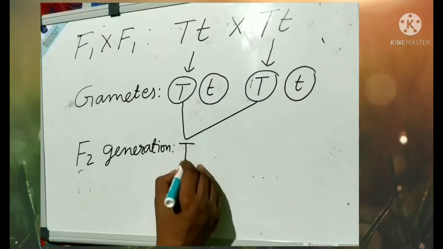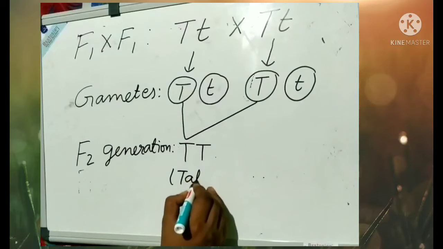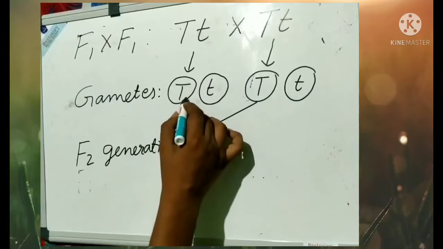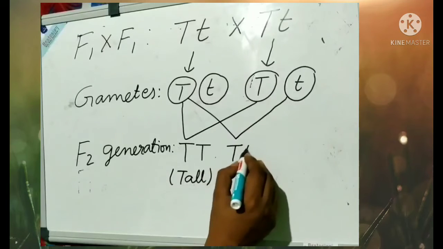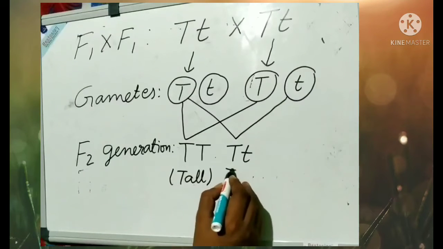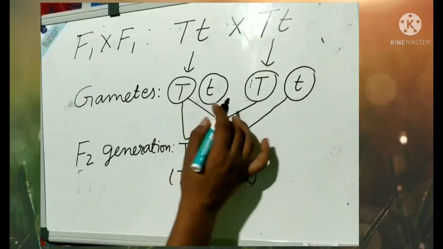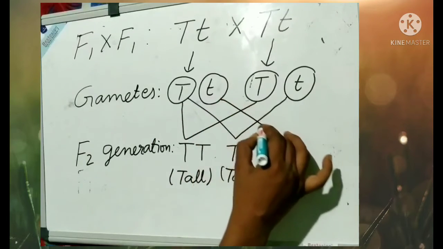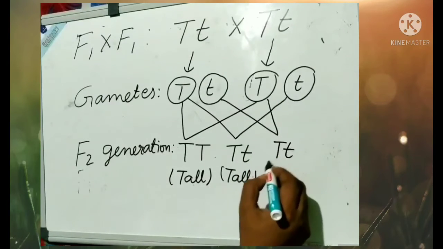Here we find capital T capital T. This plant will be tall. Now this will fuse with this one, so capital T small t. It will again be tall. Now this gamete will fuse with this one, so we get capital T small t.